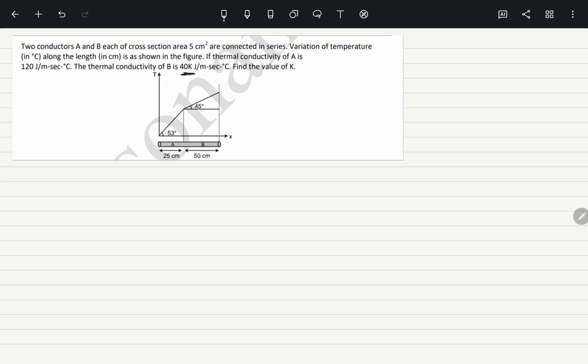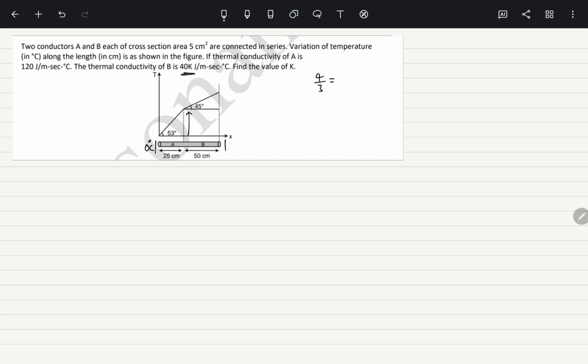So it is again a straightforward question. What we'll do here, the two rods are there, A and B, they are in series, right? And we need to find the temperatures at the end point. This one is 0 degrees Celsius from the graph, and if we calculate this length here, the angle is tan 53, which is 4 by 3.